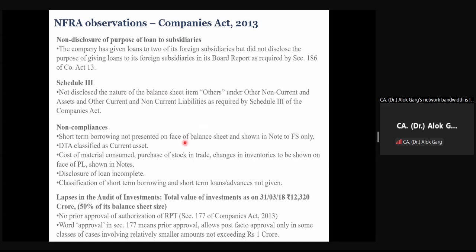DTA, deferred tax asset. Deferred tax asset and deferred tax liability will always be classified as non-current. But this deferred tax asset has been classified as current asset. I can assume the scenario, for example, when you recognize a deferred tax asset, there is a loss in the company of 100 crores. The tax rate is 25%, so the company has recognized 25 crore of deferred tax asset.